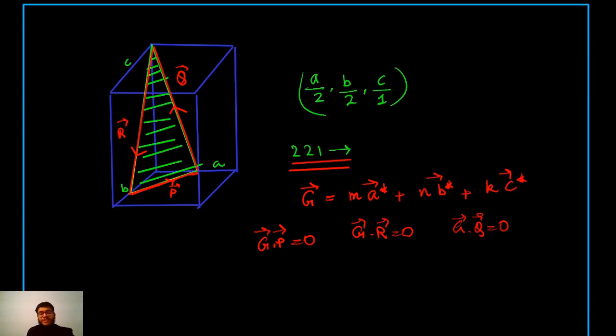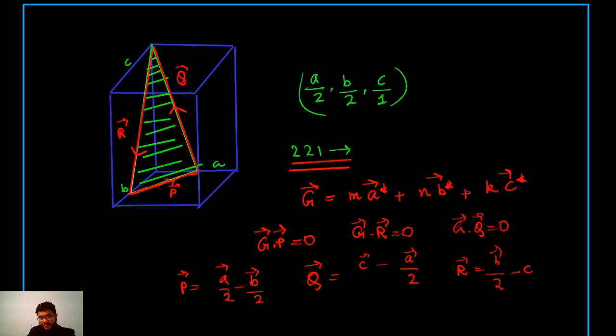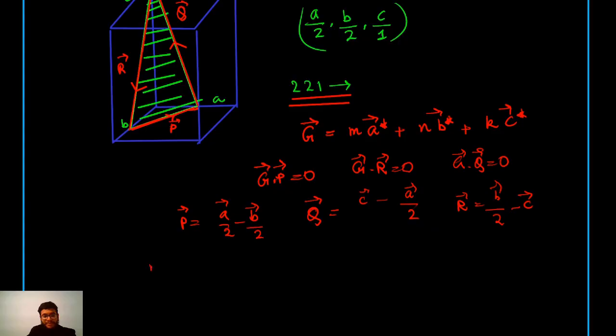Okay, so if we do that, p is a by 2 minus b by 2, q is c minus a by 2, r is b by 2 minus c. If we put the g into this equation, what we will get is basically m equals 2, n equals 2, and k equals 1.